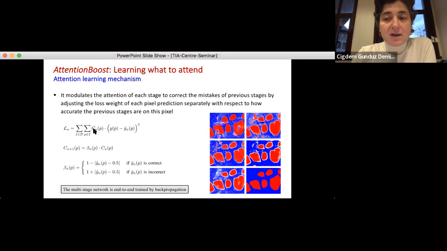So the loss weight C is defined for each pixel P and for each stage N, and it is multiplied with a factor beta. This beta decreases for correctly predicted pixels. Here we have an absolute value, which should be a positive value, so it is 1 minus that positive value, and it increases for incorrectly predicted pixels.